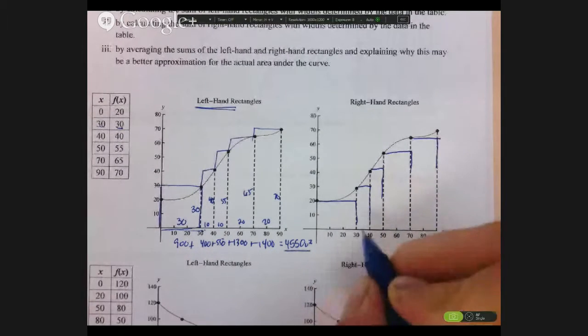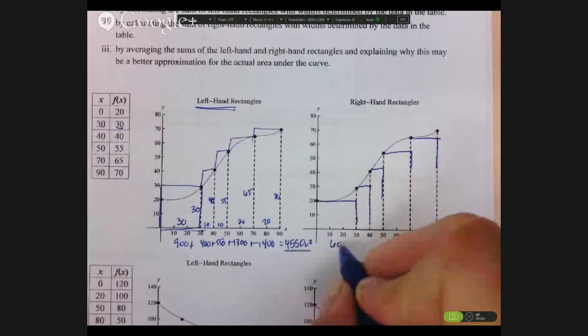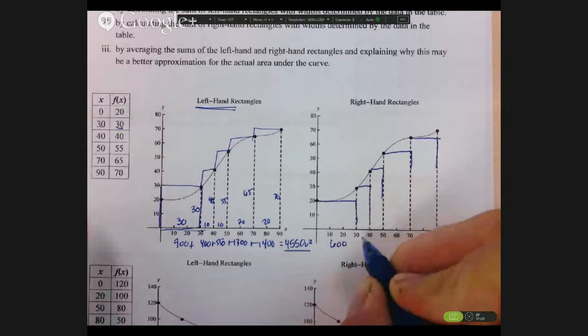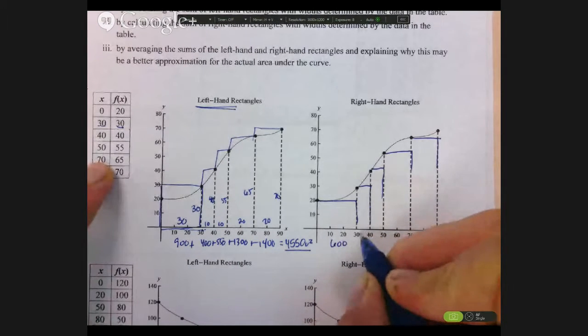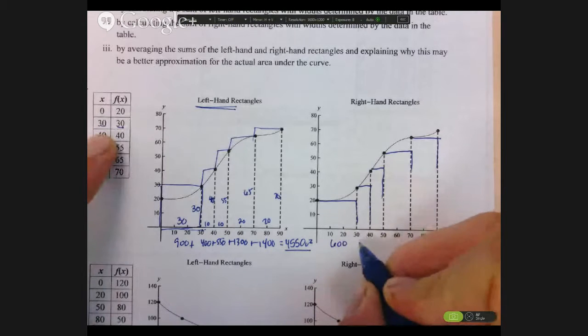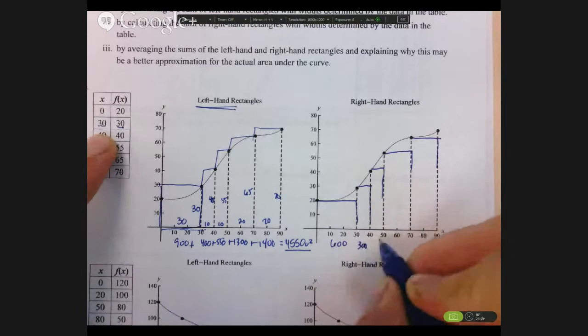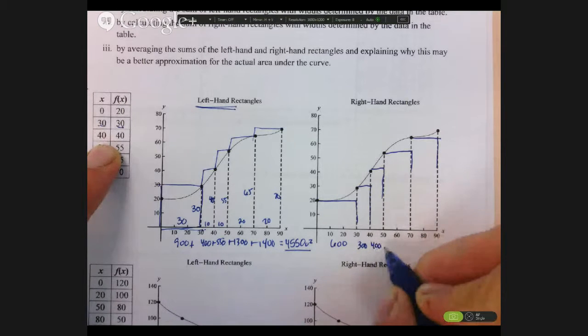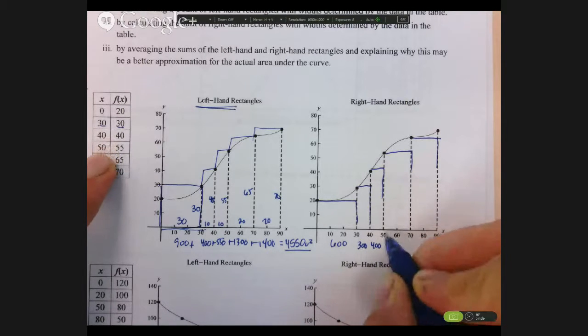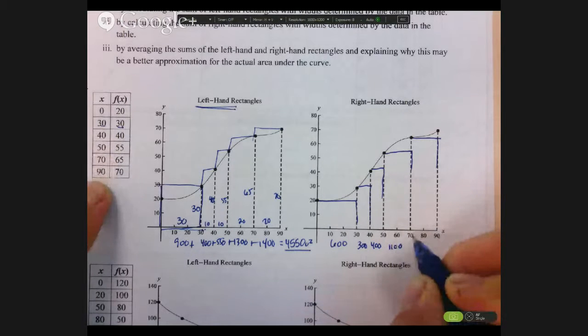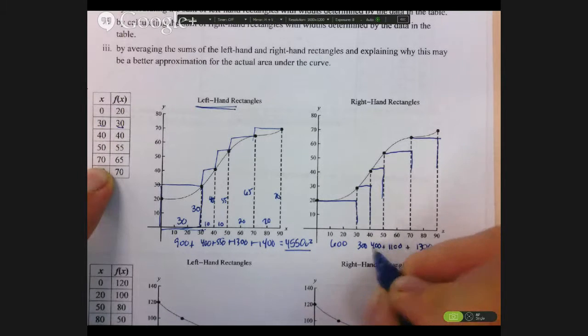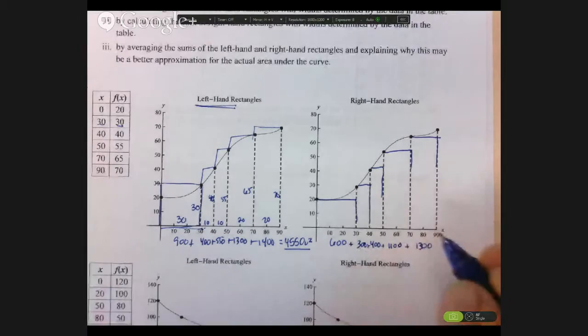So this one's 600. What do you mean? You're just doing the rectangles.